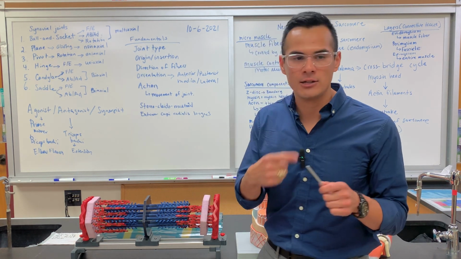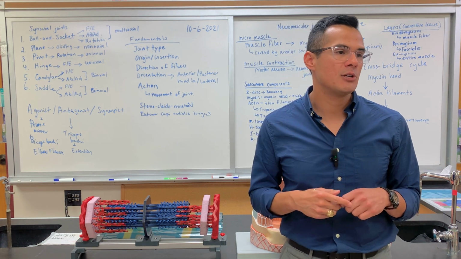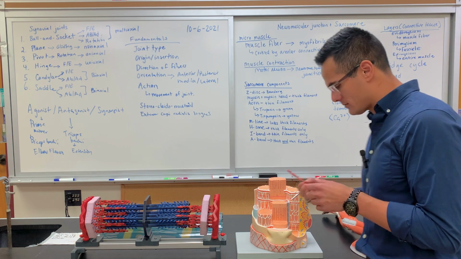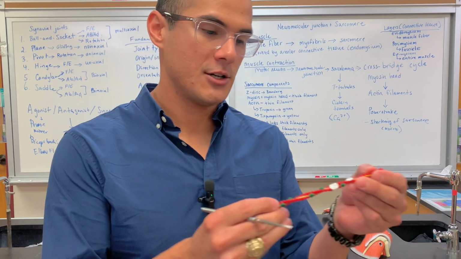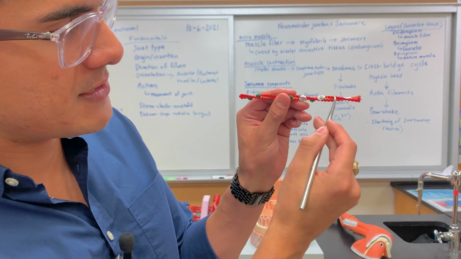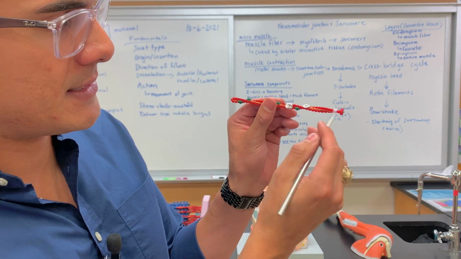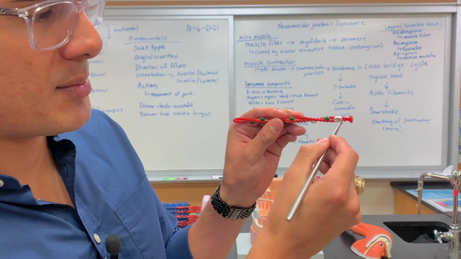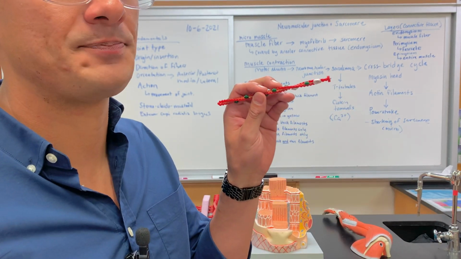The part that's in yellow that wraps around is known as tropomyosin. So I have this part taken out so I can show it here on the camera. The part in red, the thin filaments, that's actin. The part in green, that's number 8, that's troponin. And then the part in yellow is the tropomyosin.